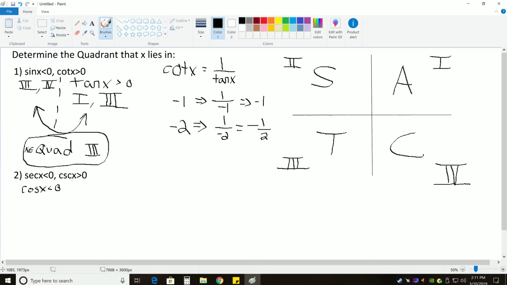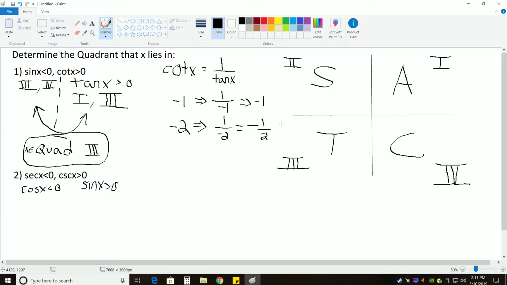And cosecant of x being greater than 0 means that sine of x has to be greater than 0. Remember, if secant x is less than 0, then its reciprocal cosine has to be less than 0. If cosecant x is greater than 0, then its reciprocal sine of x has to be greater than 0.